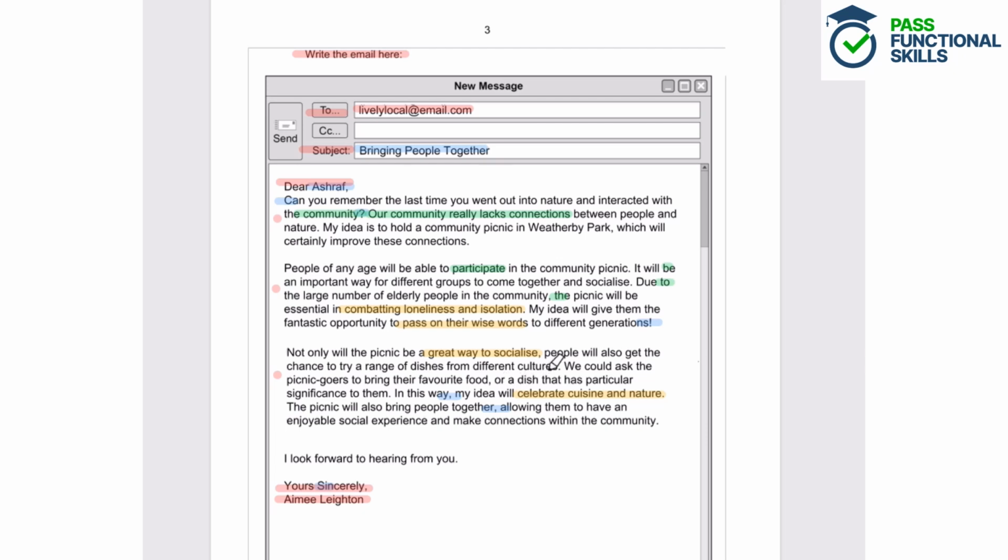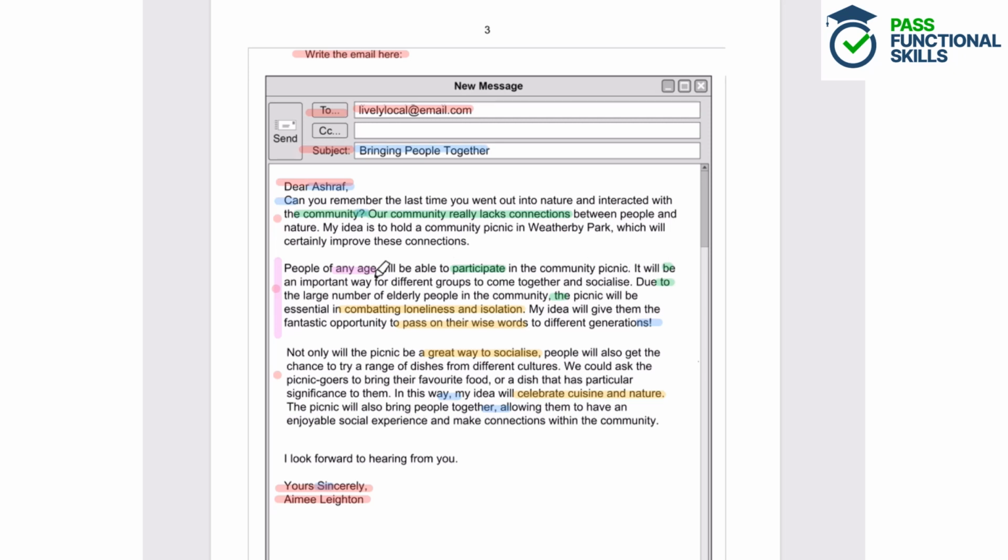So whenever you're writing a paragraph, all of the sentences in the same paragraph should be about the same thing. So, for example, in this paragraph, we are focusing on the ages of people that can participate. So we've mentioned in the first sentence here that people of any age can go to this picnic.